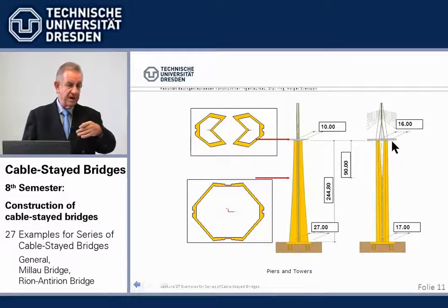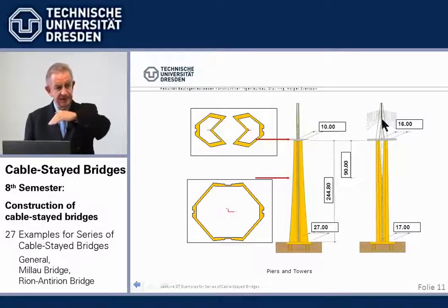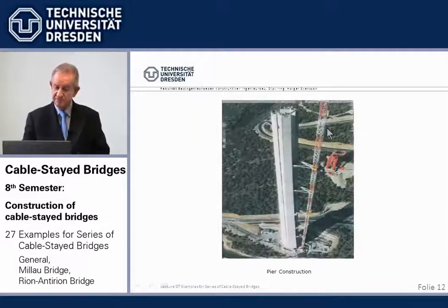So you must remember a very elegant, I'd like to say French solution, combining the required stiffness against overturning from the cable forces with the required flexibility for the longitudinal forces. Quite unique, admirable.